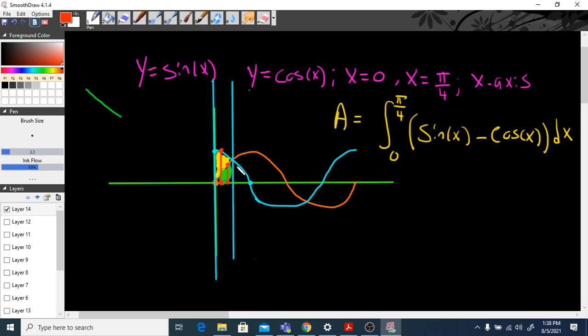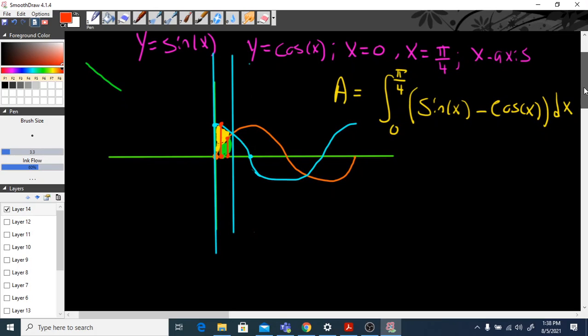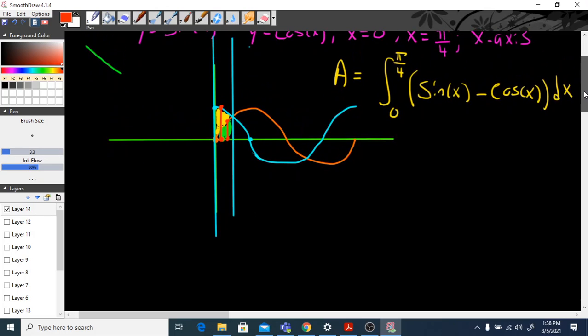What we want to do is find the volume due to the outer radius, find the volume due to the inner radius, and then subtract the two. We have got to be careful, though.